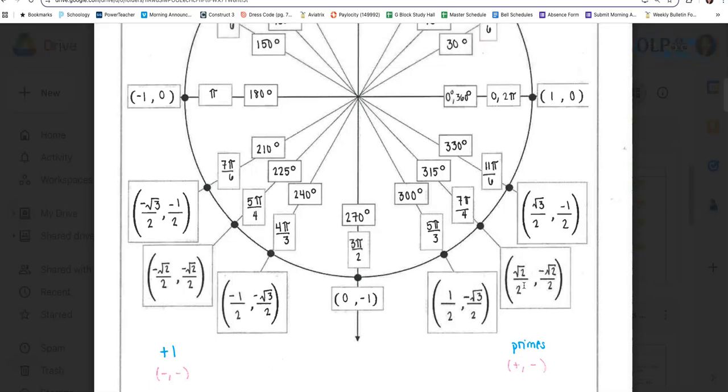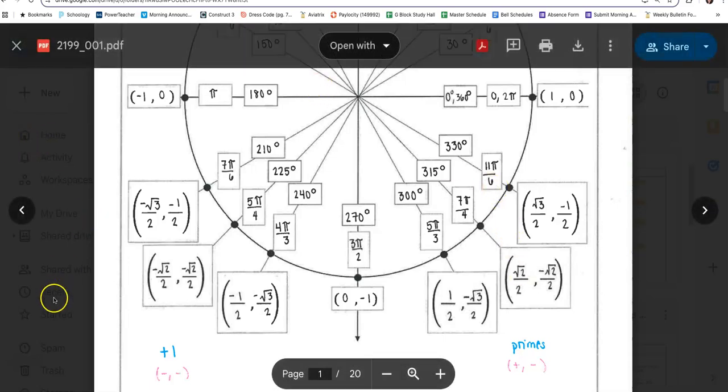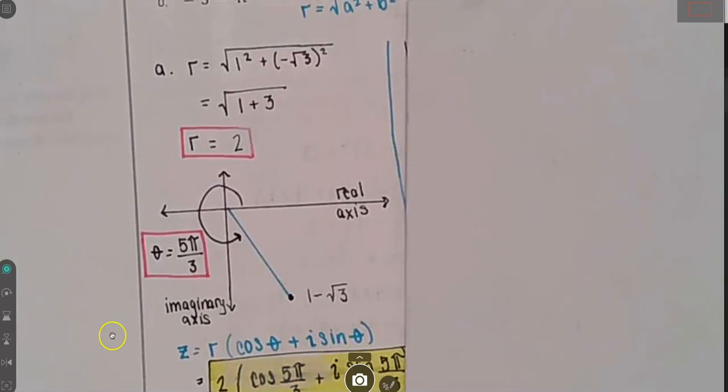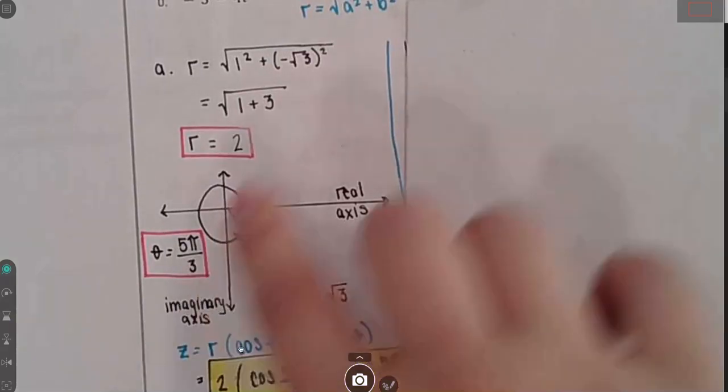Yeah. Exactly. Right. If the ratio is the same, the angle is going to be the same. If you multiply by 2, if you multiply by 3 or 4 or 10, the angle is going to be the same. It's just going to have a longer radius. Okay. Sure thing. Okay, so that's how we know that the angle is 5 pi over 3.